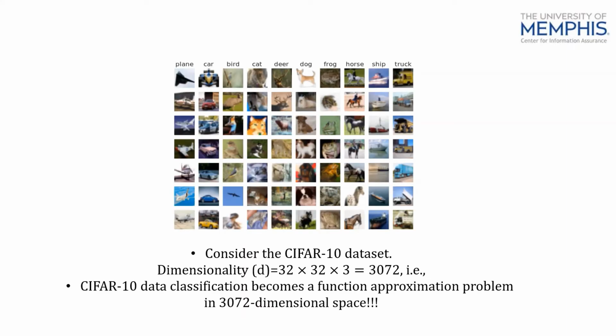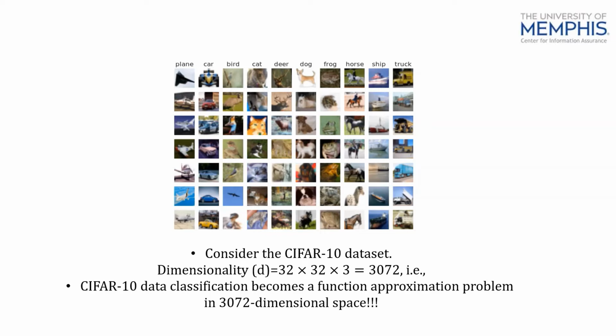Now, let us try to understand the dimensionality problem with the help of data. Here we take the CIFAR-10 data. This CIFAR-10 data has 10 different classes such as car, plane, birds, horse, dogs, etc., mentioned above the columns.